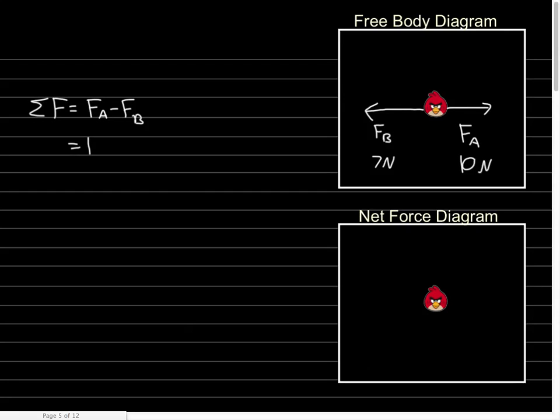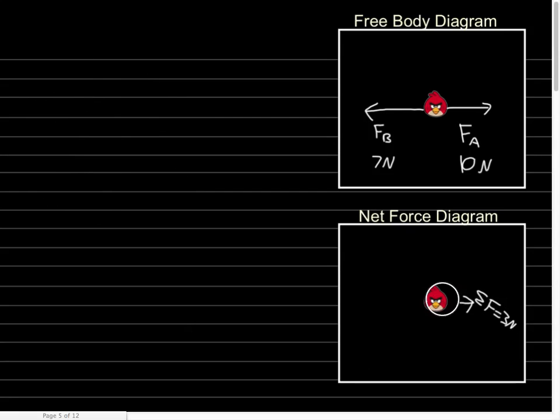Then your net force would be 10 newtons minus 7 newtons. Therefore, it's 3 newtons to the right. Your net force diagram would look like this. Your net force is equal to 3 newtons to the right. So that's what net force is.